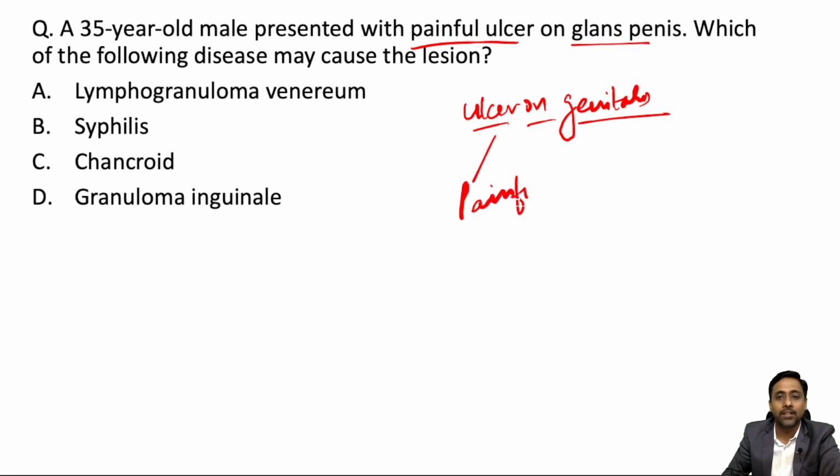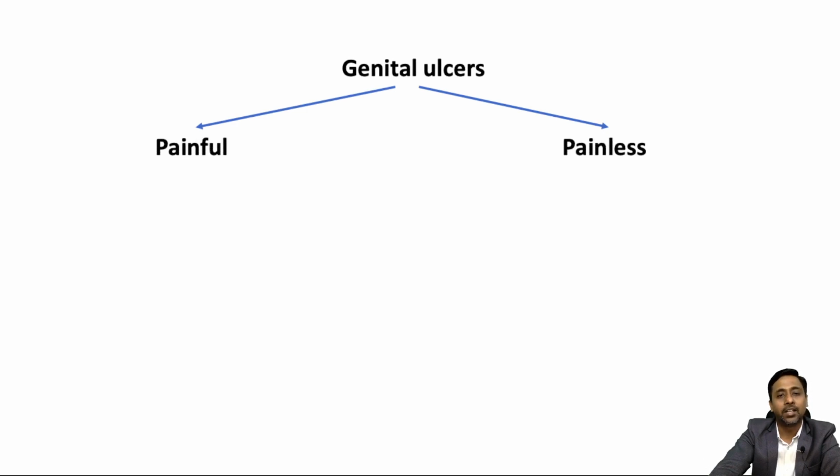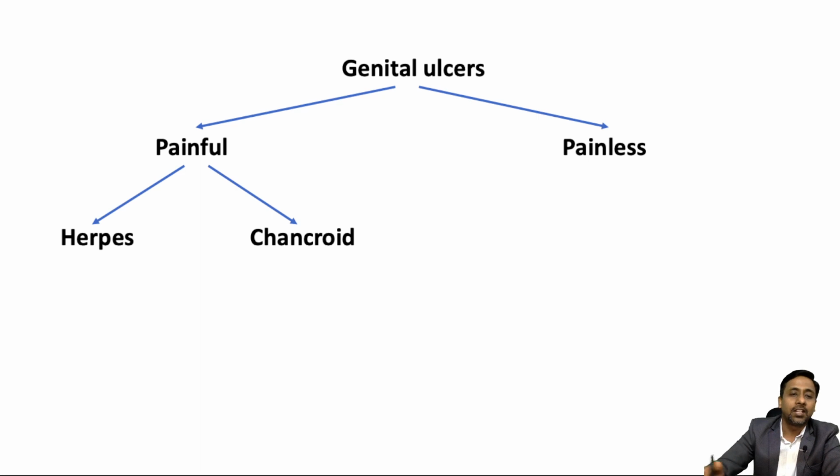So for that we need to know whether there are any painless causes of genital ulcer. Just see this flowchart. Genital ulcer can be painful, and it can be painless too. The causes of painful genital ulcer are herpes and chancroid.